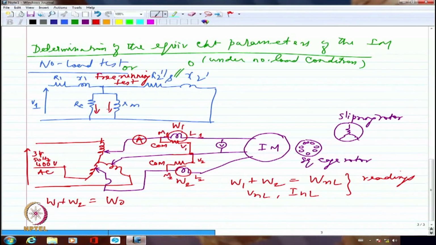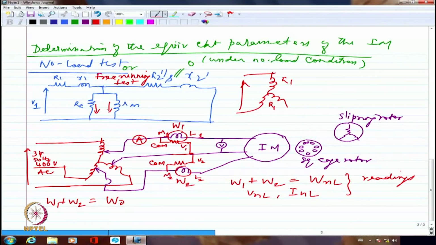If it is star connected, it will come out to be R1 plus R1. I hope you understand, because 2 of them will come in series. If my stator winding is in star and I put a multimeter between these 2, it will come out to be R1 plus R1. So whatever I get as the multimeter resistance, I have to divide that by 2 if it is a star connected induction motor. If it is a delta connected induction motor, I will have R1 in parallel with 2R1, right?